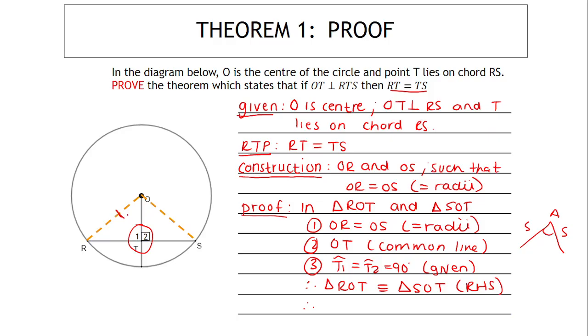We have the hypotenuses, which was the radius. And then we've got this random side, which is the common line. So what does that mean for us? Well, that means that these two triangles are congruent. They're exactly the same. So that means that RT is going to equal TS. There we go. So I've proven what they want me to prove, and I am done.